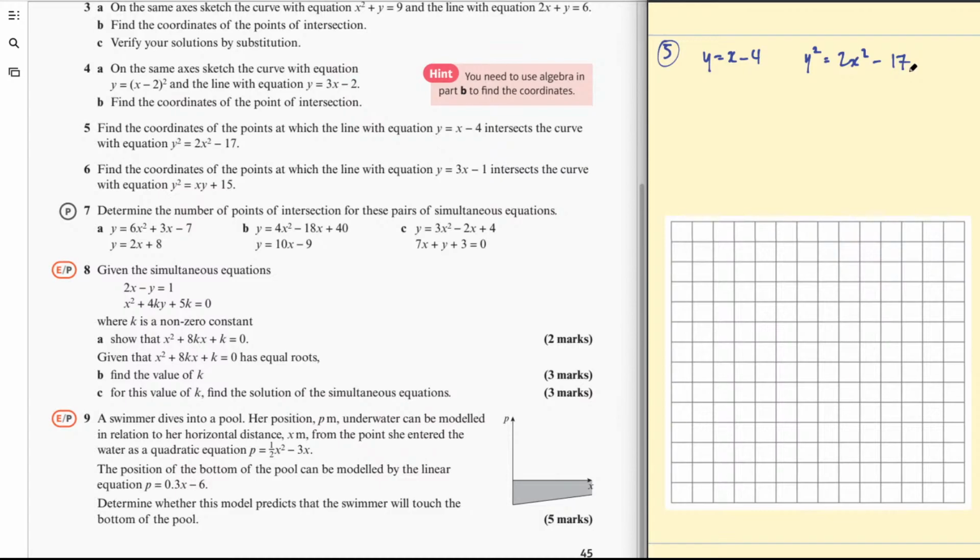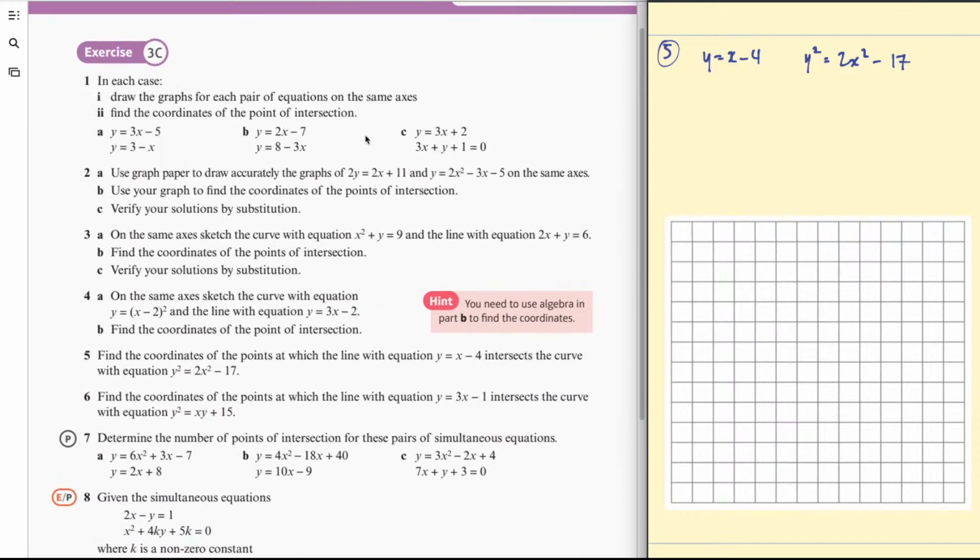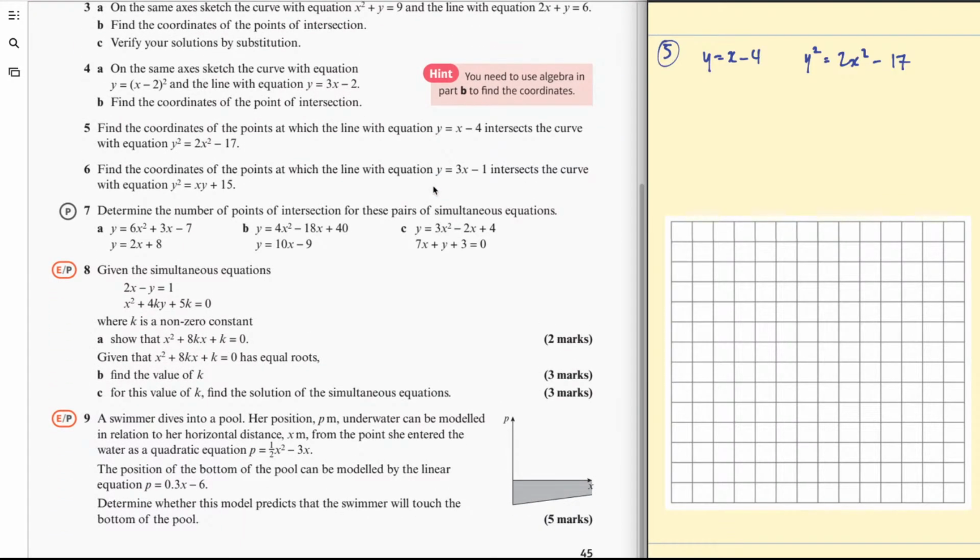I wonder what to do with that equation? Initially I was thinking it was going to be a circle, but you get y squared take 2x squared equal to negative 17.